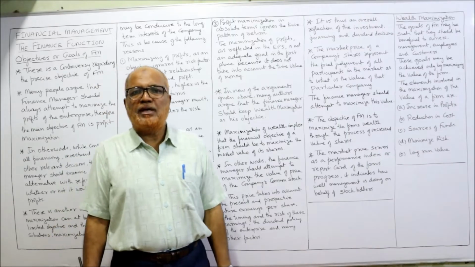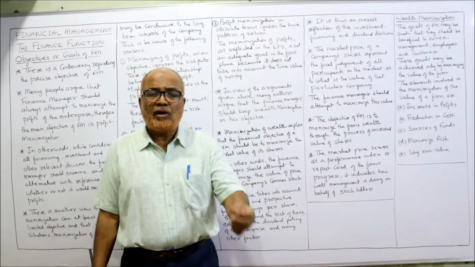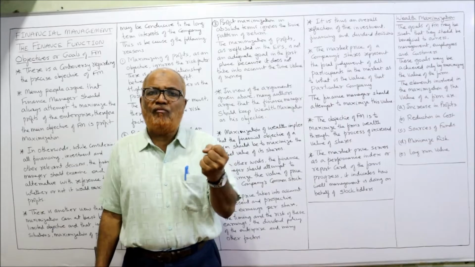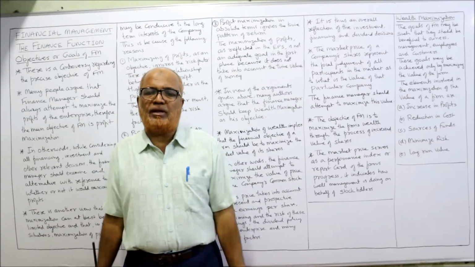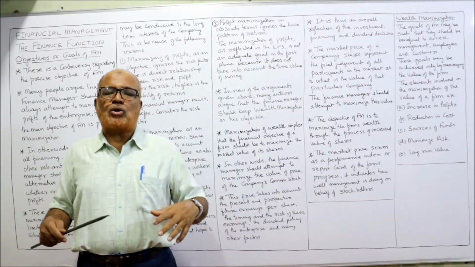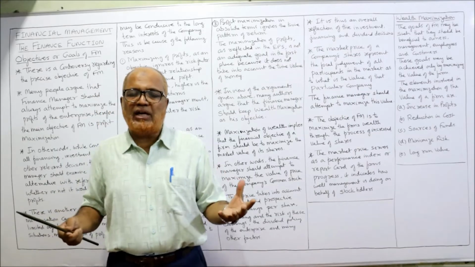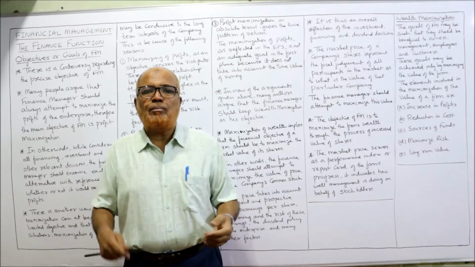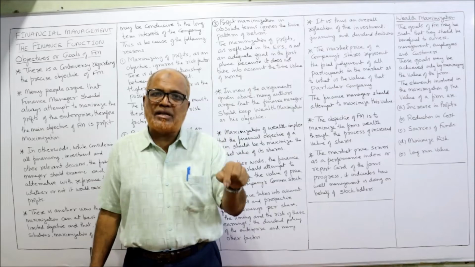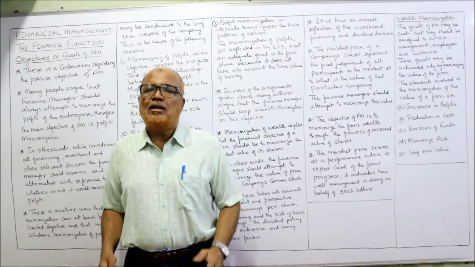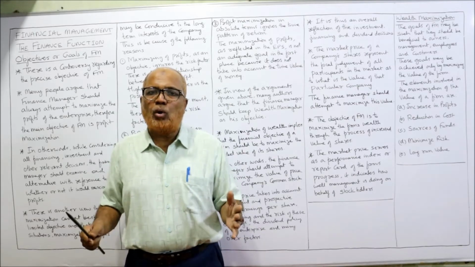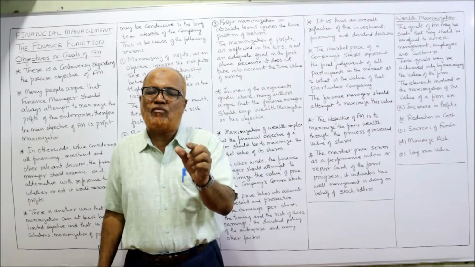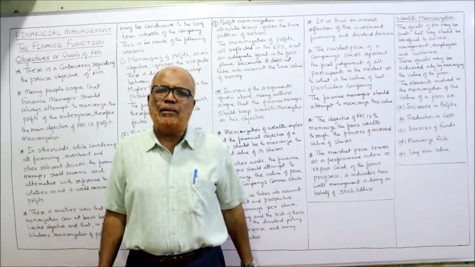We all know there is a time value of money. Today's money has more value than the future money. So on account of interest, uncertainties, and inflation, the future money will have a lower value than the present value, right? That factor is ignored when we keep profit maximization as the objective because we are ignoring the time pattern.